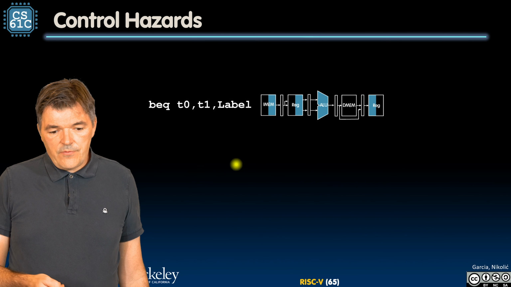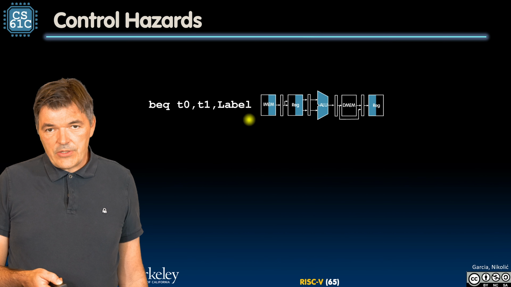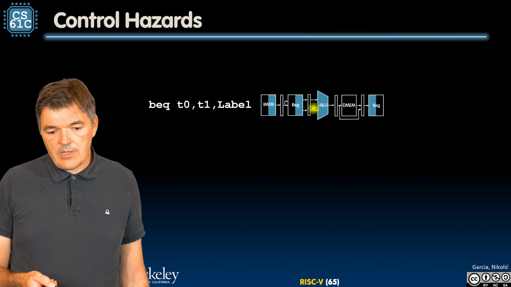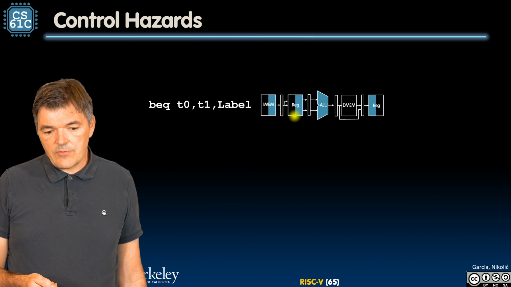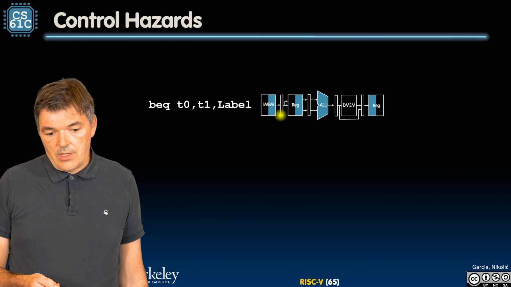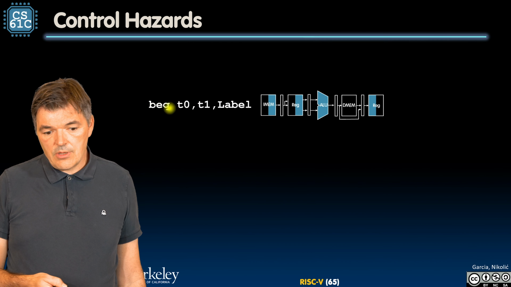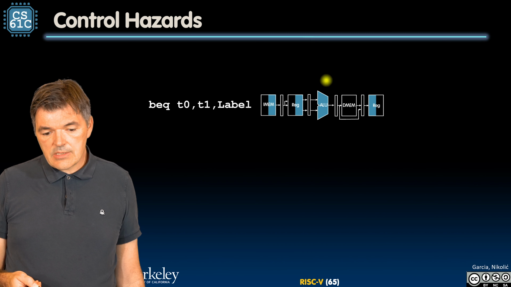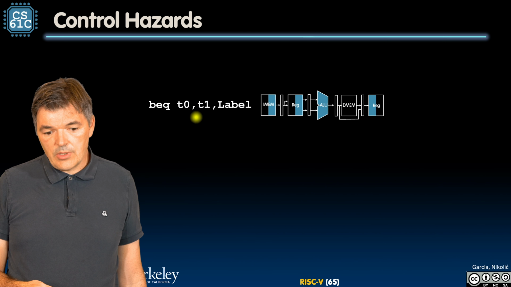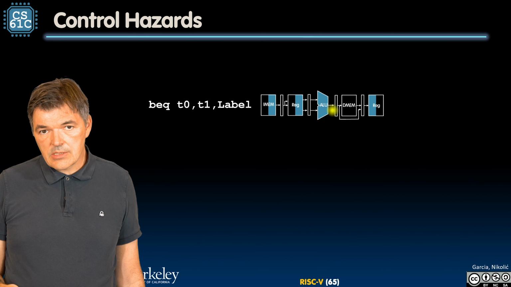So we fetch the instruction, and after the instruction decode phase, we find out that it's a branch. At that time, we also fetch the values of T1 and T0 from the register file. The earliest time when we can figure out whether the branch is taken or not, whether the values of T0 and T1 are equal to each other, is at the end of the execution phase.